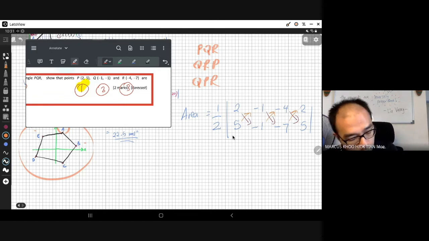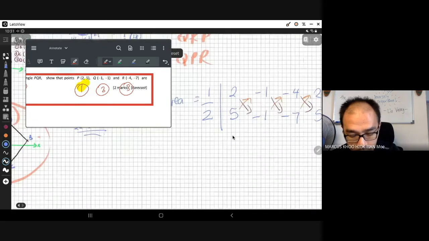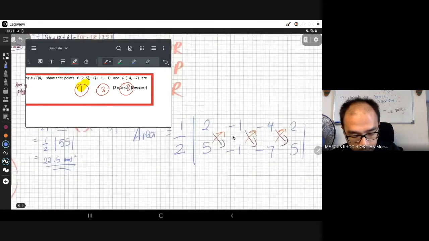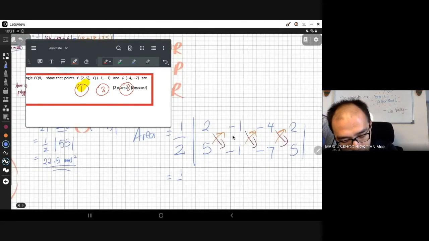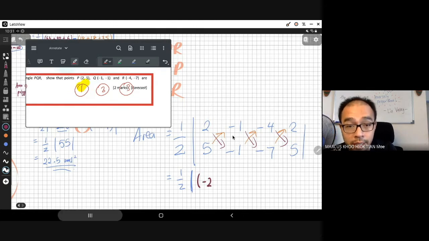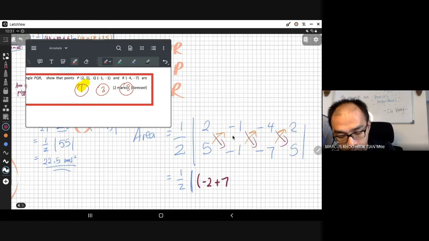Okay, now let's do this. The area equals 1 over 2, open the modulus. Now the red team: 2 times -1 will be -2, -1 times -7 plus 7, -4 times 5, -20.